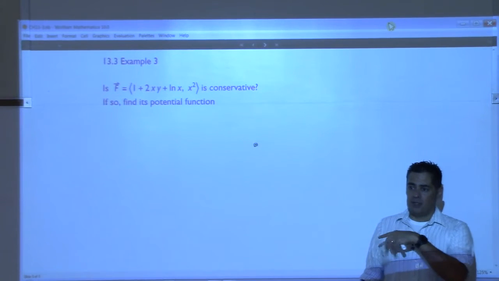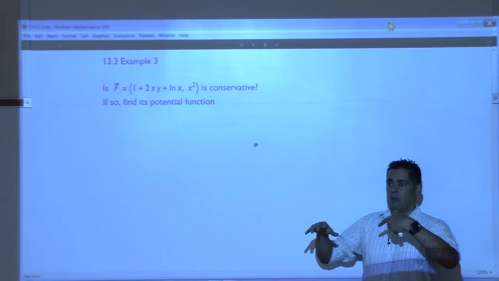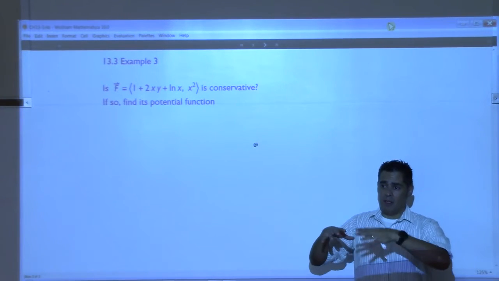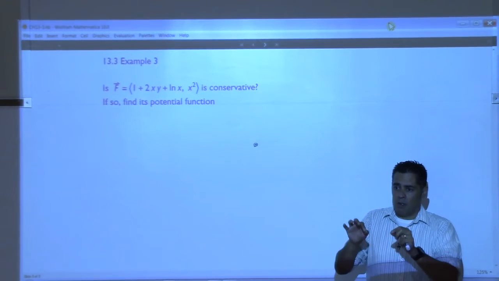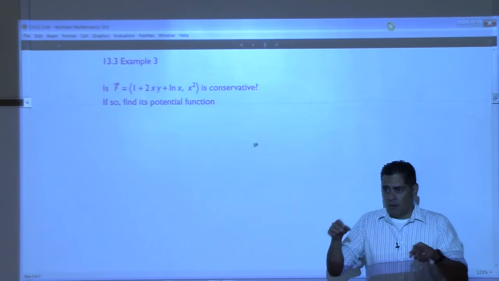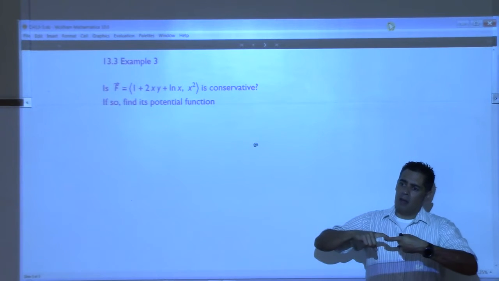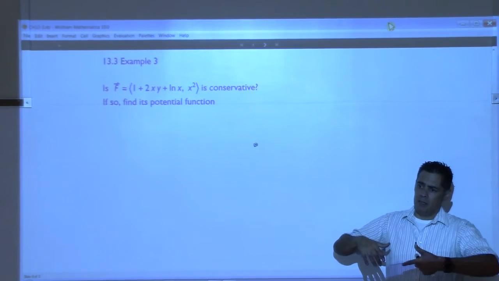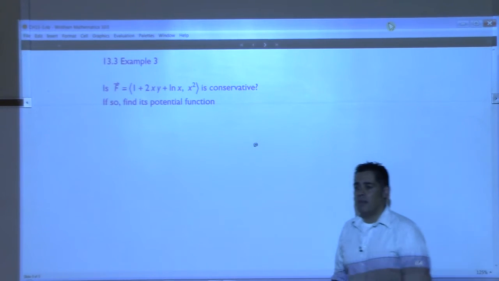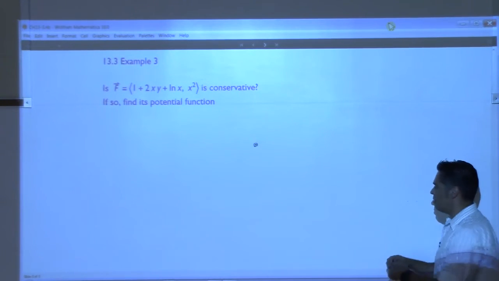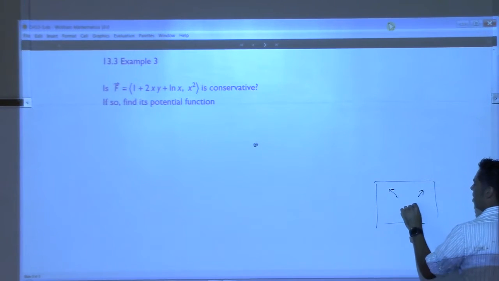In this case, it's a surface, and the vector field that you get when you take the gradient is all those vectors that show where the ball's going to roll if you put it on any point on the surface. Are you trying to figure out the connection between the field and the potential function? Yeah, so if someone were to give you a vector field in two-dimensional space, you've got all these vectors everywhere.